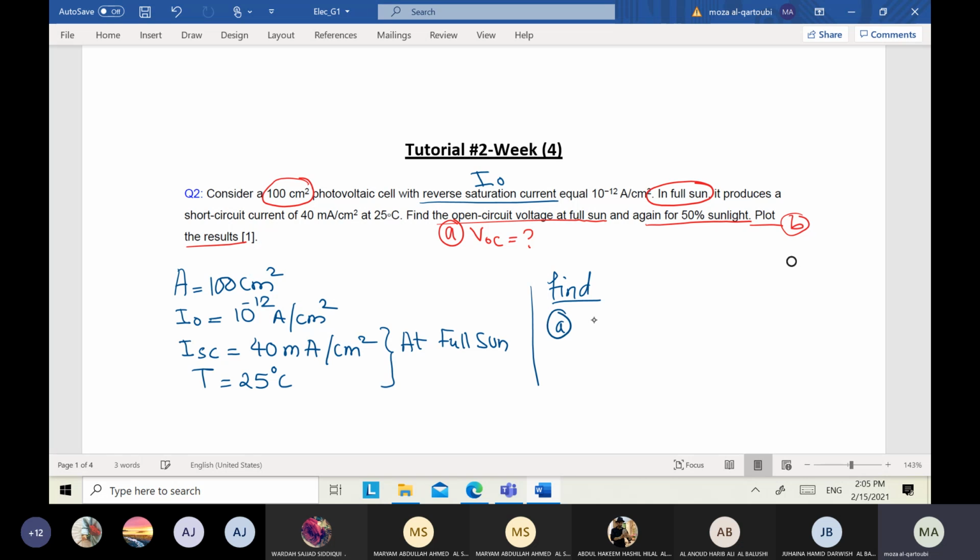First part A, find the open circuit voltage in two cases, at 100% of sunlight, or called full sun. Okay, so try to solve this question.